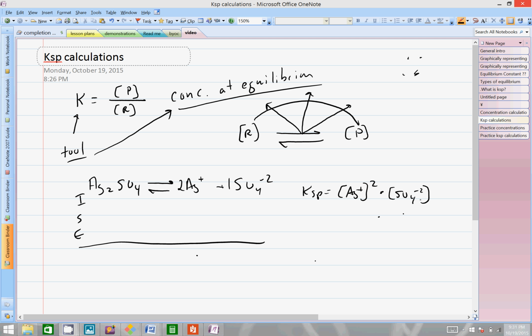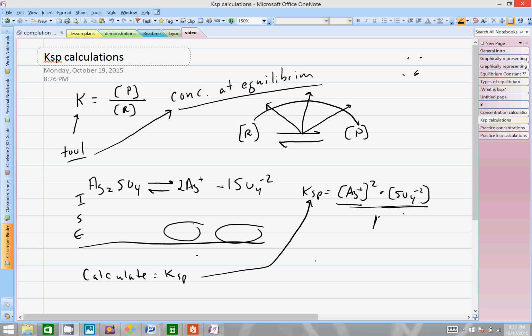At this point, you read through the problem and realize that they want you to calculate the K value, the KSP for this one. Anytime they want you to find a KSP value, or any K value, you need to have all the concentrations at equilibrium. Here there's no reactant, but we'll eventually get to situations where there are reactants, and if any weren't solids, you would need those too.